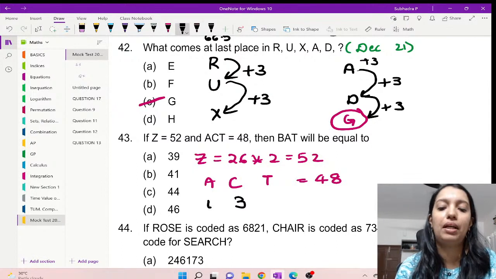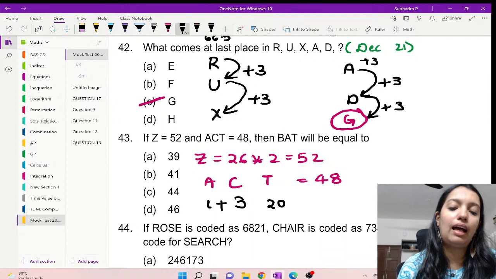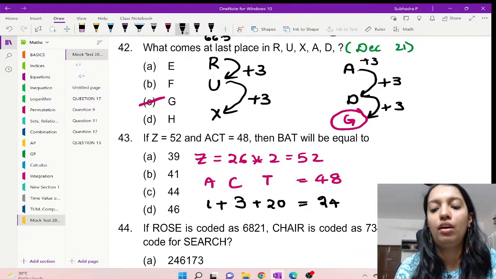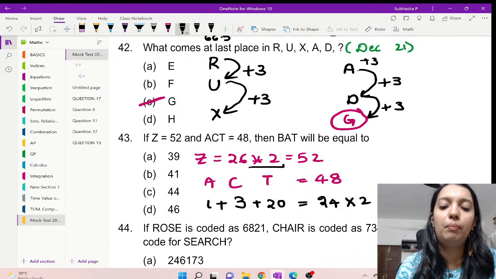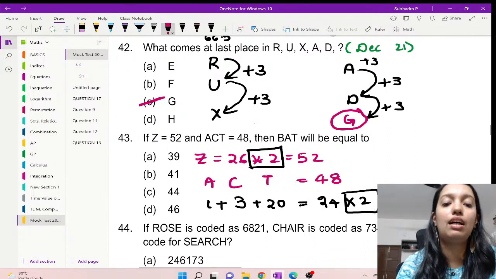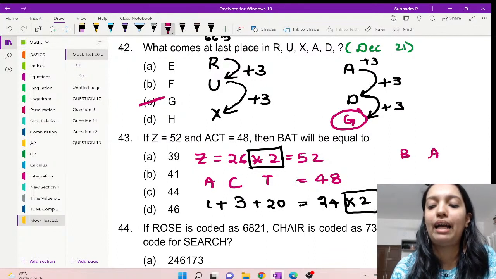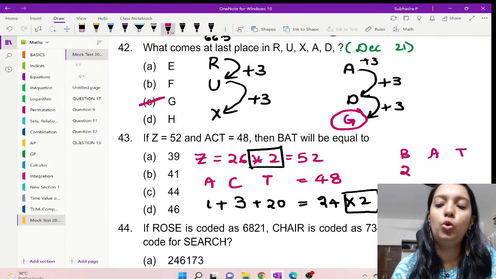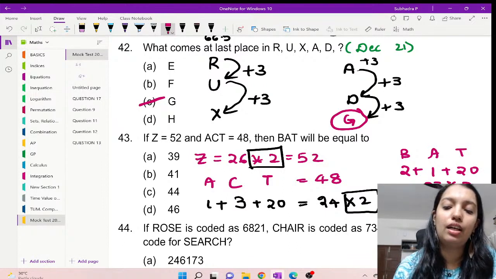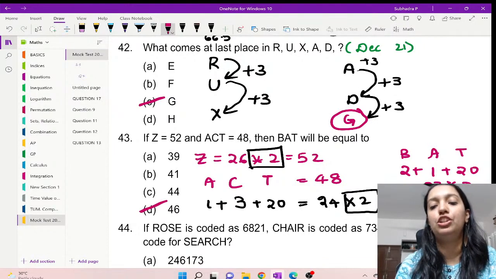What is T in gematria chart? 20. Add them. 24 into 2. Remember, into 2 is constant. That gives you 48. So that means now they are asking you what is the value of BAT. 2, 1, 20. Add them. 23. Into 2 should be your answer. 46, which is option D.